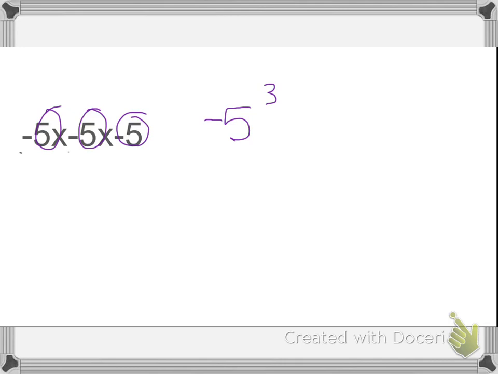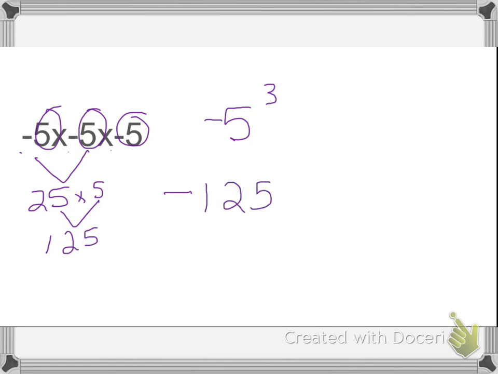I've got 1, 2, 3 negative signs. So I know that my answer is going to be negative. 5 times 5 is 25, and then I'm going to multiply that by that last number. 25 times 5 is 125. So I know my answer is negative 125.